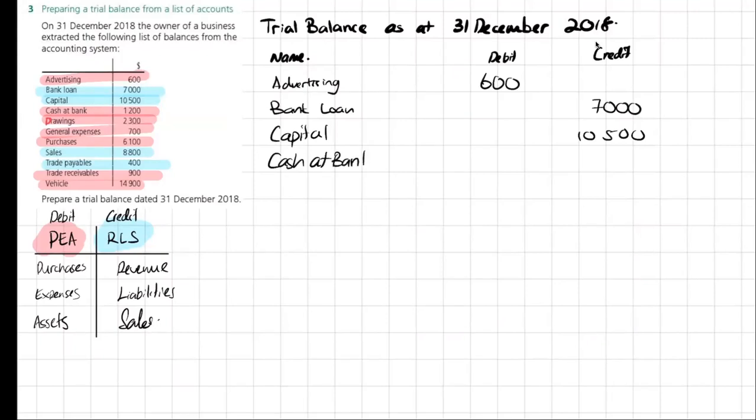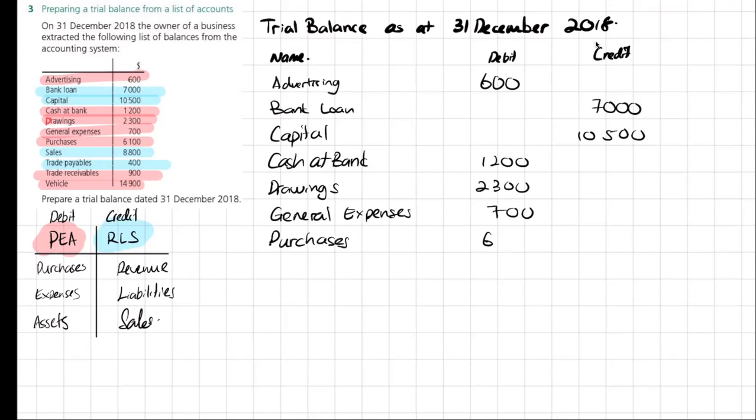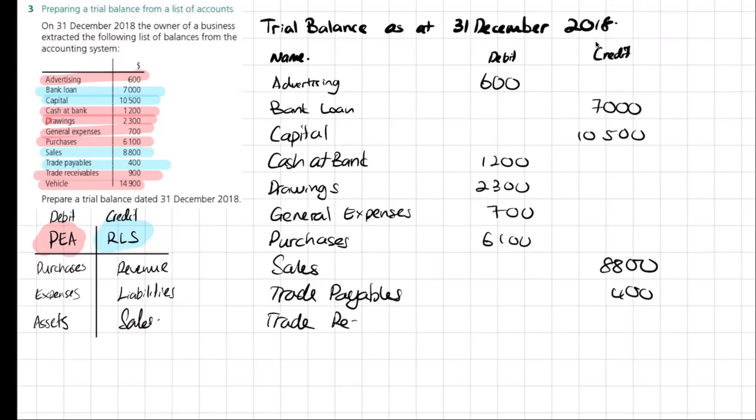It's safest to just copy all the account names rather than changing them so that you don't confuse yourself. 2,300 general expenses. 700 purchases. 6,100 sales. 8,800 trade payable. 400 trade receivables. 900 vehicle.